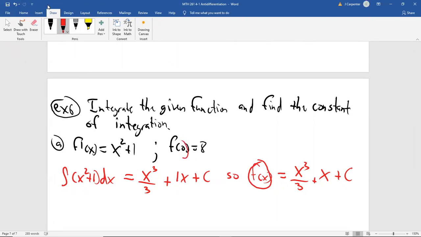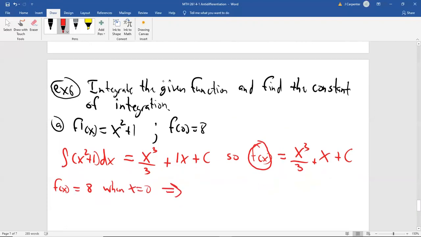And then 0 is going to go here and here because that's what the x is. So the f of x becomes the 8, the x's become the zeros. So again, f of x is going to be 8 when x is 0. So plugging all that in will give us the following.